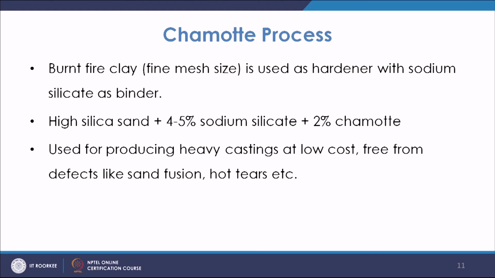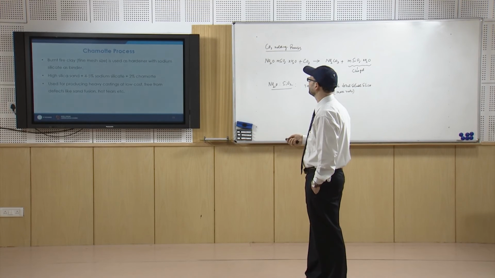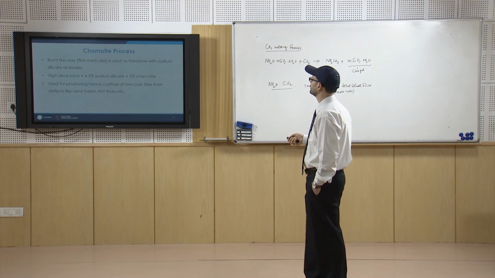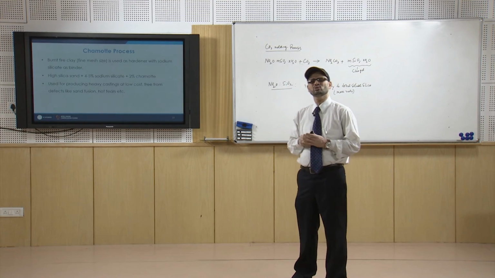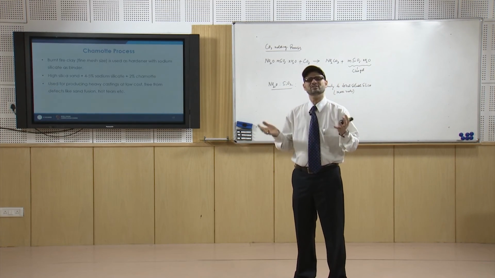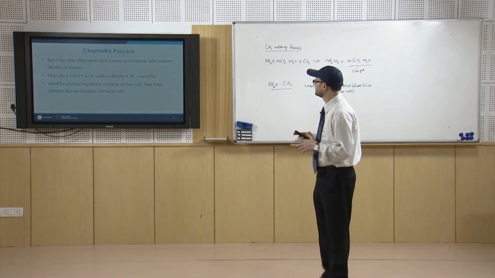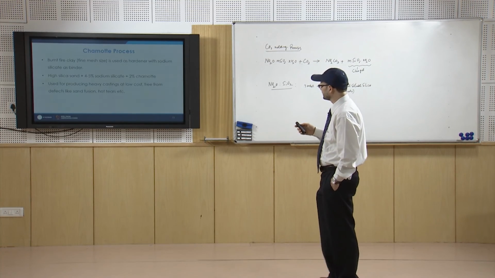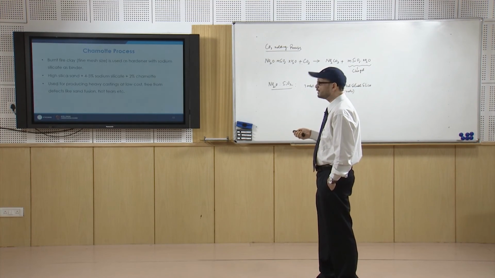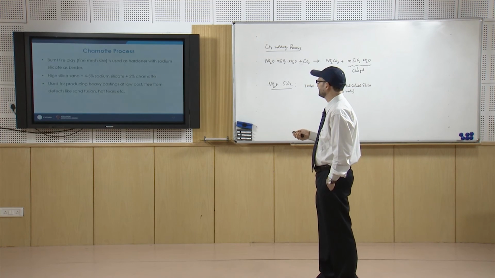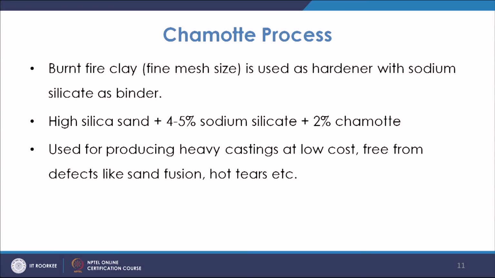That gives a very good strength to the mold, and it is used for producing very heavy castings at low cost, free from defects like sand fusion and hot tears. This is mostly used for extremely large ferrous castings, and it gives very good properties at very low cost, and defects like sand fusion or hot tears are not seen.